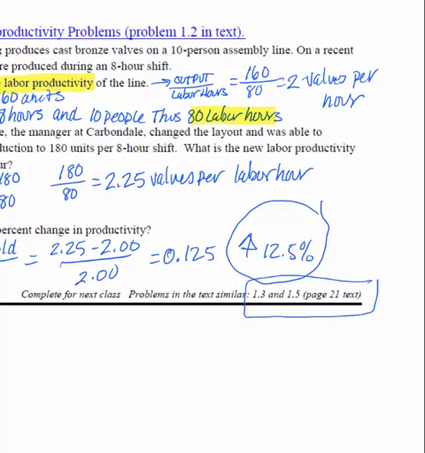And this problem that we just worked, as well as these, will be clicker questions for class on Tuesday. So it's probably a good idea to take a look at them and make sure you understand them. So I hope this was helpful in clarifying any questions you might have on how to do the homework problems. And we'll see you soon.